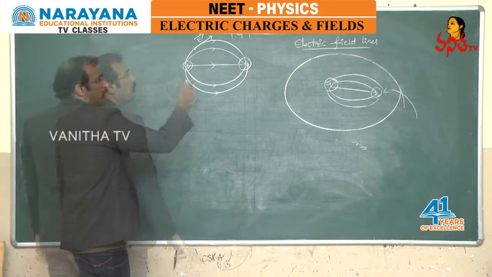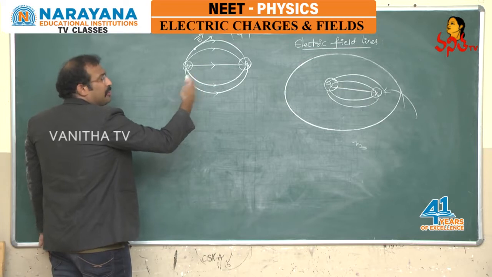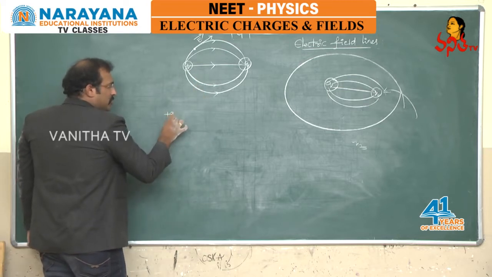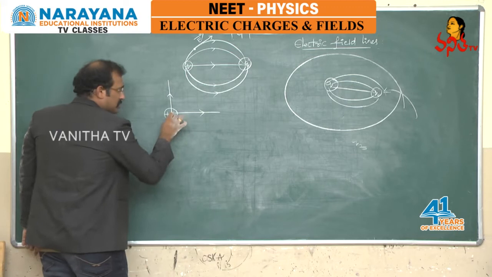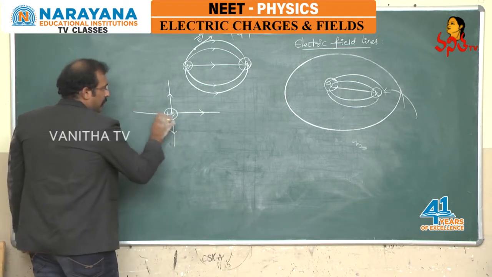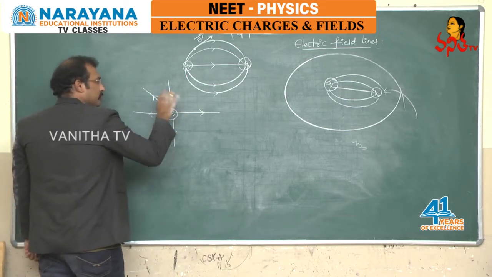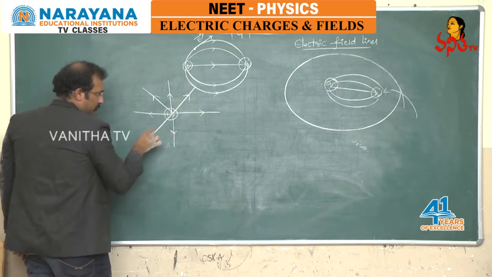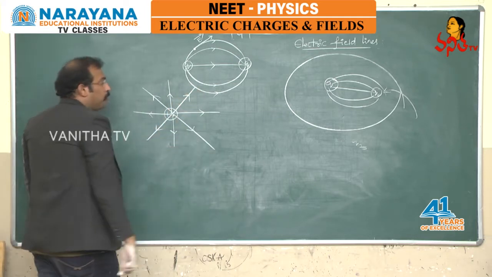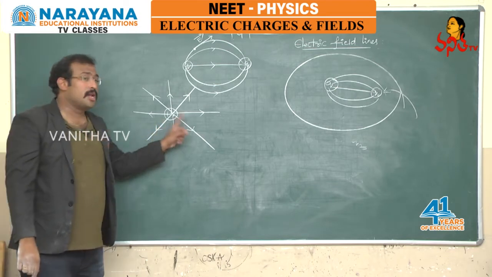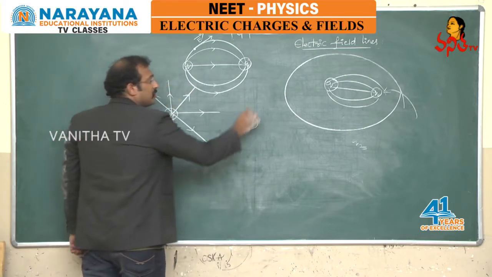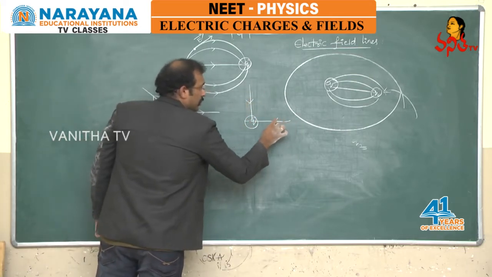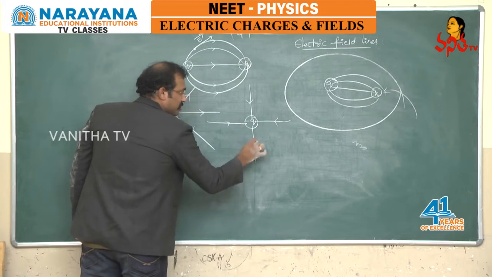Now, let us draw the field lines for different types of charges. For an isolated positive charge, the field lines are always drawn away from it, like this. For an isolated negative charge, the field lines are into the charge, like this.